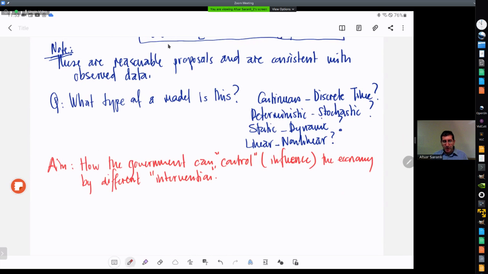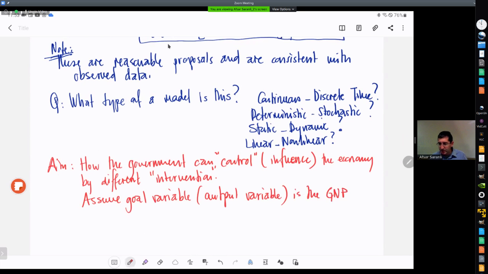So assume that the goal variable, we can call this the output variable, is the gross national product, y of k. So we want to boost that variable.